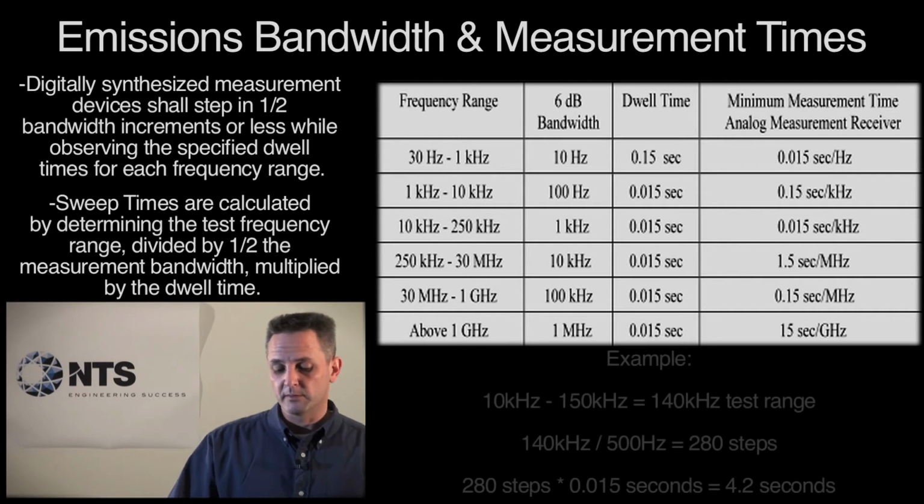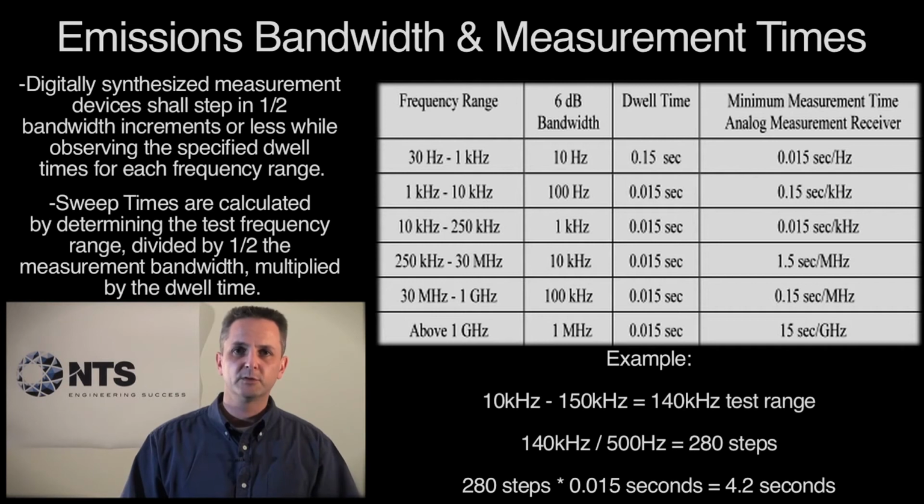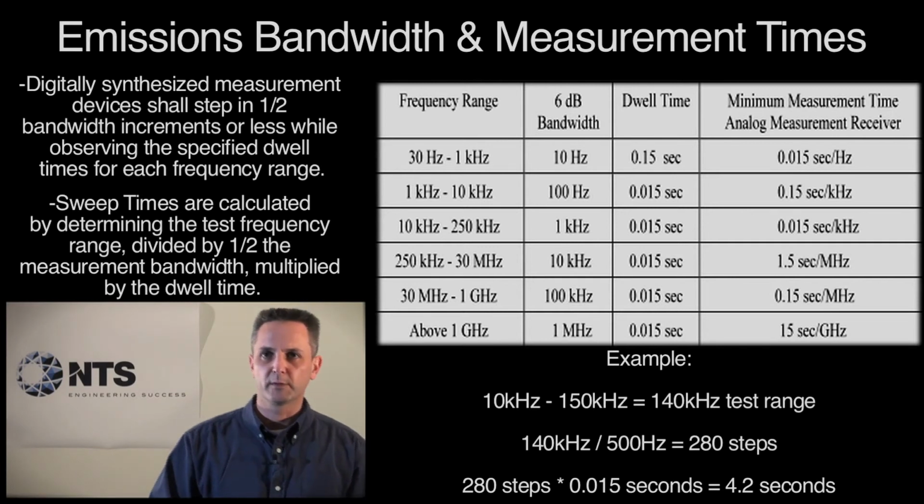So for example, we take a 10 kilohertz to 150 kilohertz range, again 140 kilohertz. 140 kilohertz divided by 500 hertz gives you 280 steps across that frequency range. 280 steps multiplied by the 0.015 seconds per dwell time equals an approximately 4.2 second measurement sweep rate.